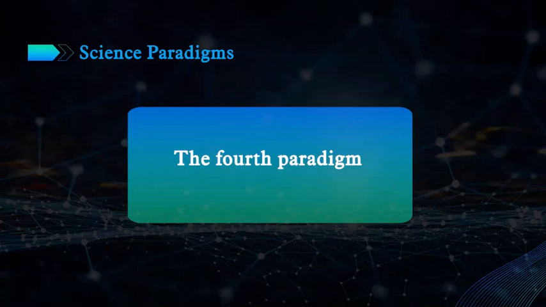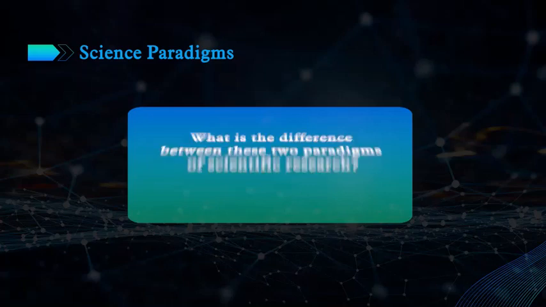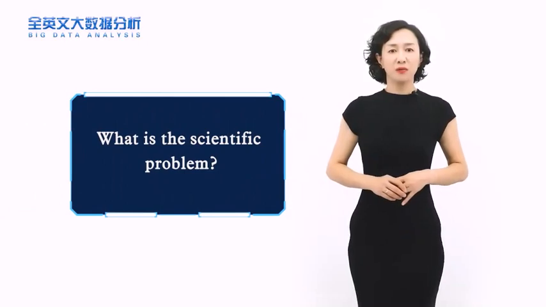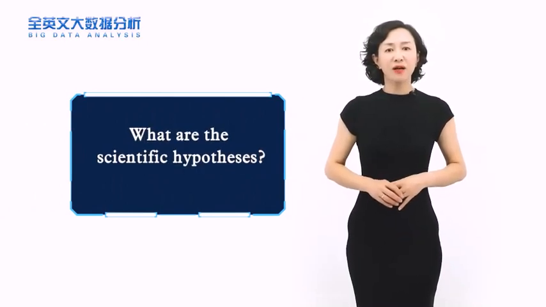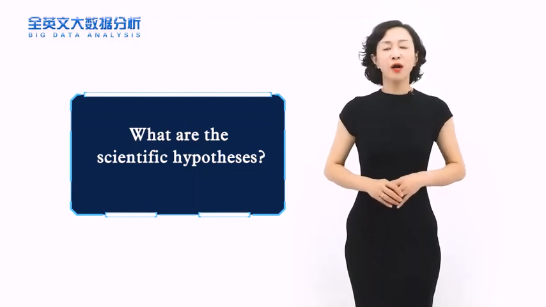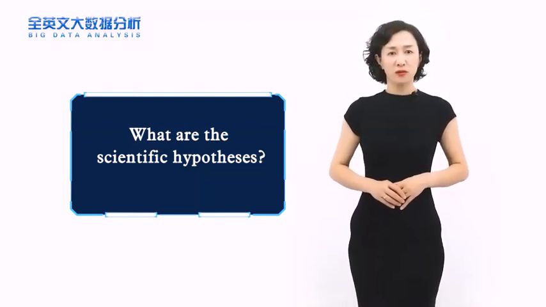The fourth paradigm and the third paradigm of scientific research both use computers to perform calculations. What is the difference between these two paradigms? The third first proposes a scientific problem and scientific hypothesis, that is, possible theories, then collects data, and then verifies them through calculations.